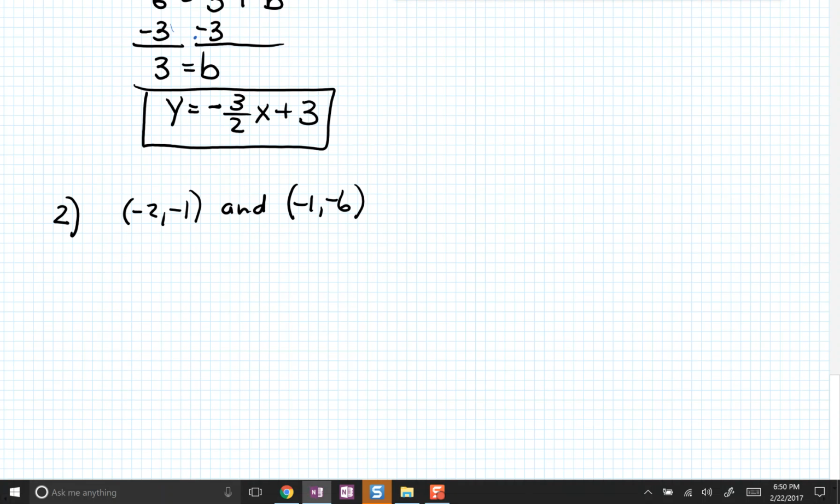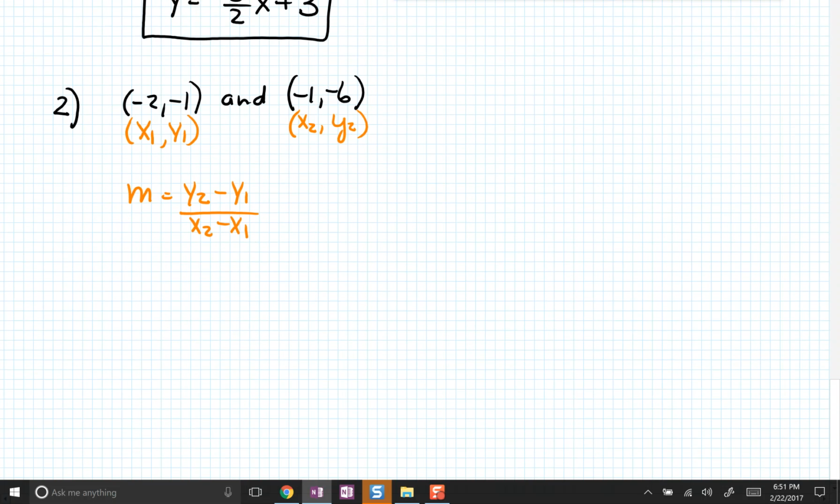Okay, so the first step is to label these x1, y1, and then x2, y2, and use the equation for slope, m equals y2 minus y1 over x2 minus x1. So we're going to plug in the equation.